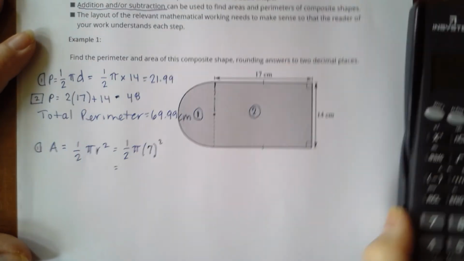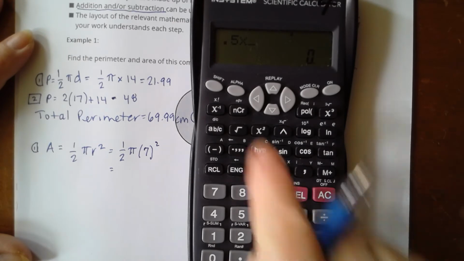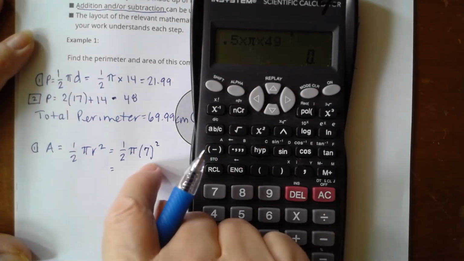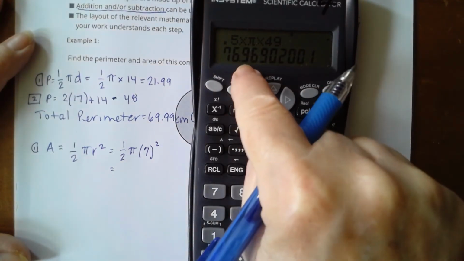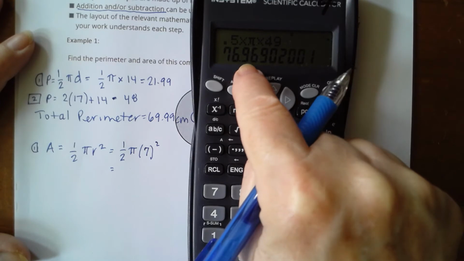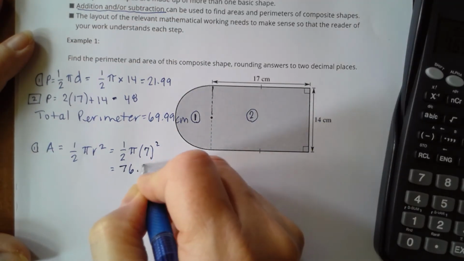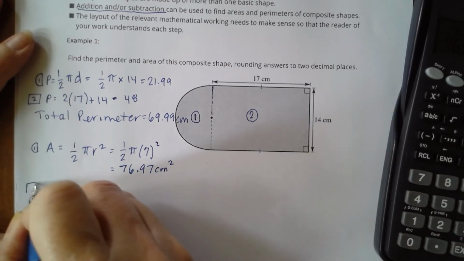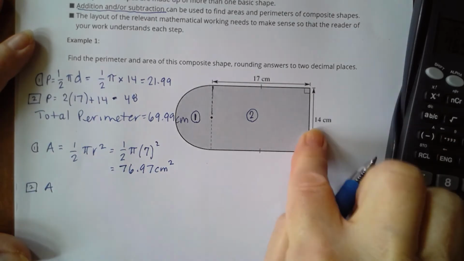So I'll do 0.5, which is a half, times pi times 49. That's 7 squared, yeah? And I get 76, and I want 2 decimal places, so 76.97 centimeters squared.